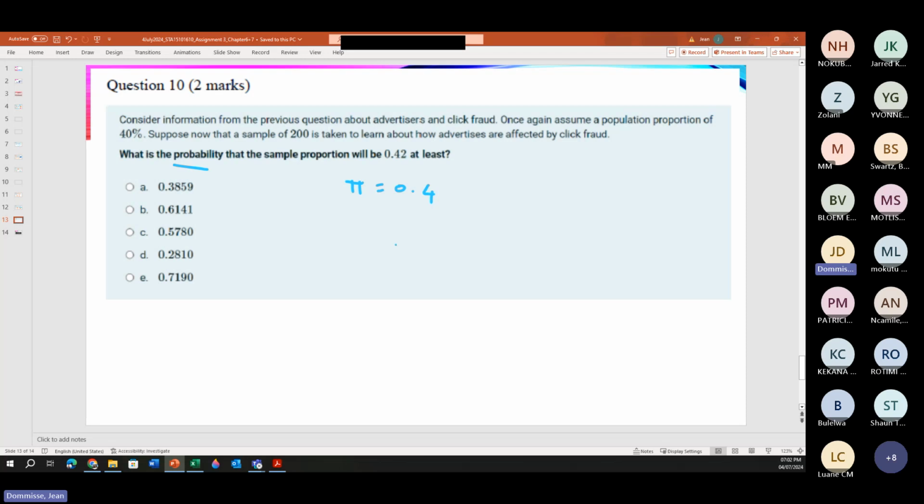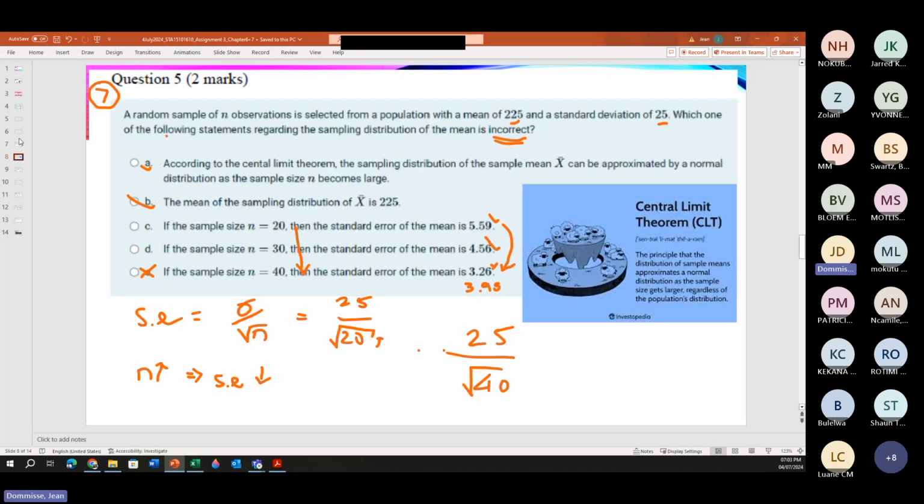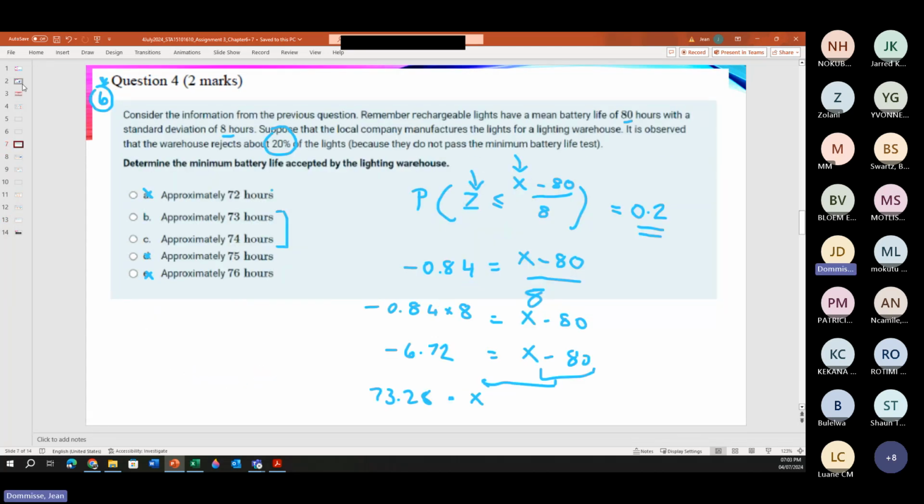Suppose now that a sample of 200 is taken to learn about how advisors are affected by click fraud. What is the probability that the sample proportion will be at least 0.4? Okay, I would have said will be at least 0.4. I hope that doesn't now change the outcome.